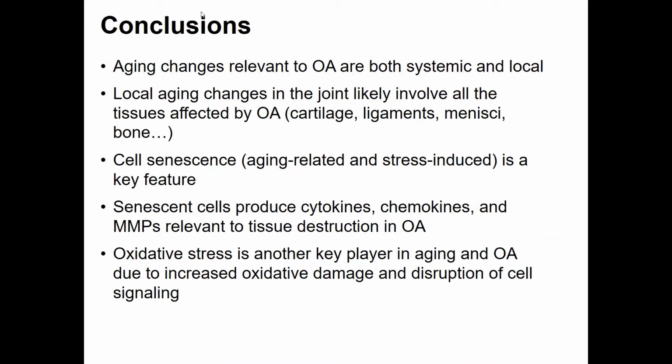The thought is anti-NGF reduces the pain to the point where maybe they're using their joints more than they should, or they're not getting the pain signal to be more careful. So they're loading their joints maybe abnormally and getting a more rapid progression. That's one theory for why anti-NGF has this risk in some people for more rapid progression of their OA.